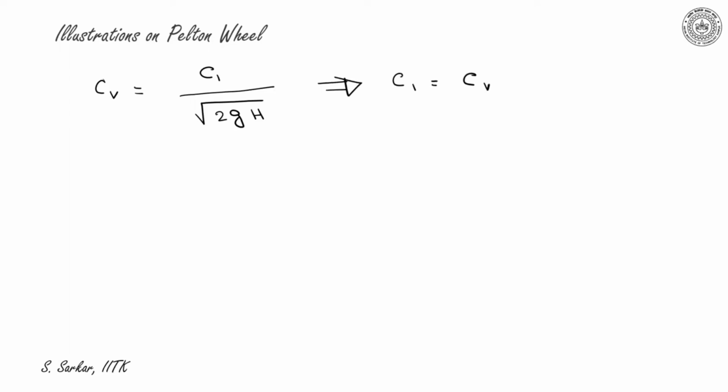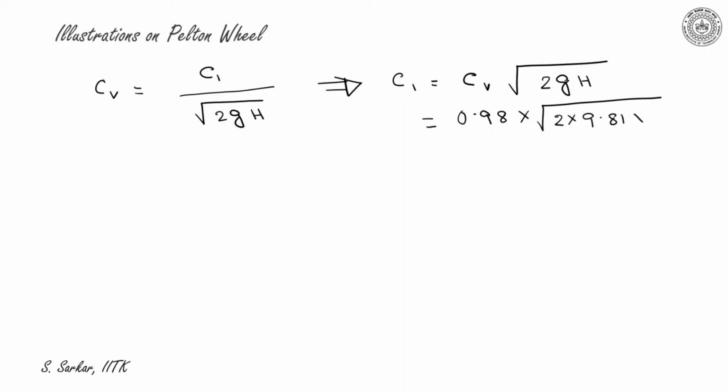C1 is nothing but CV into root over twice g into H. We know all the values. CV is given as 0.98 into root over 2 into 9.81 into 91.5. If you do the calculation, you will get C1 as 41.52 meter per second.